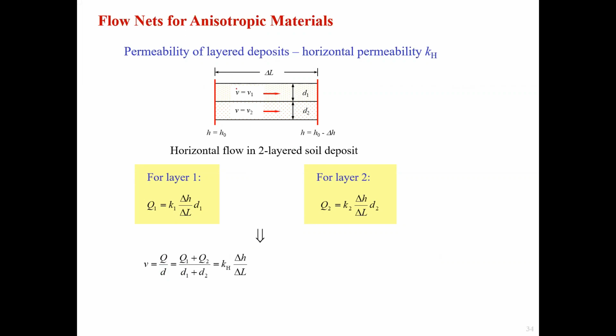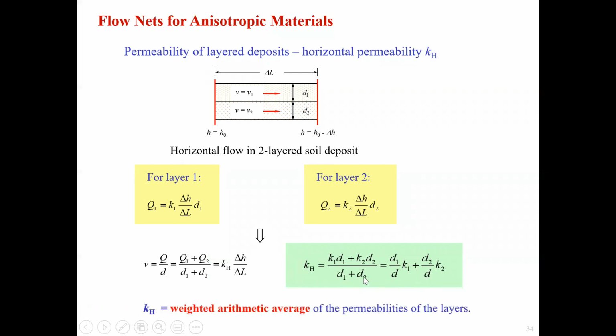That's the quantity for the first layer and second layer, summed together and divided by the total thickness, and equals KH times delta H divided by delta L. So this KH could be expressed as D1 over D times K1 plus D2 over D times K2.